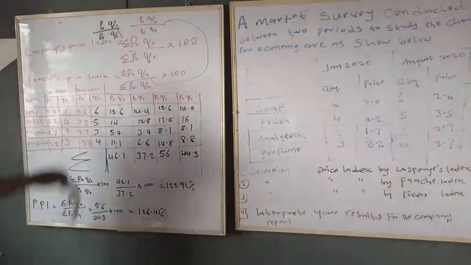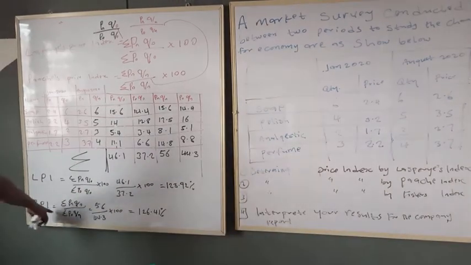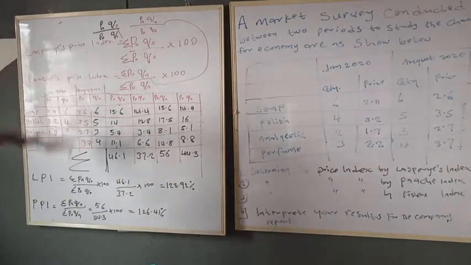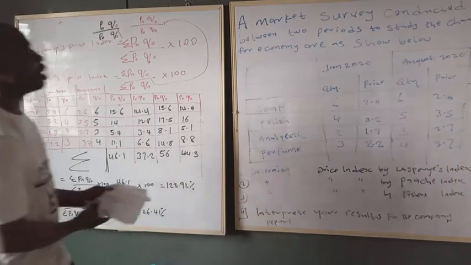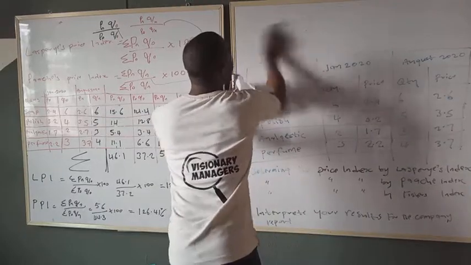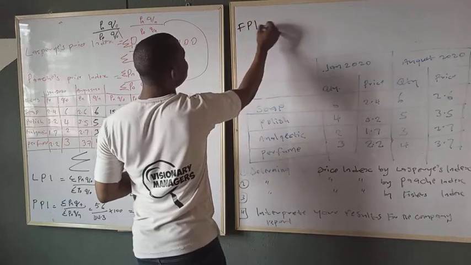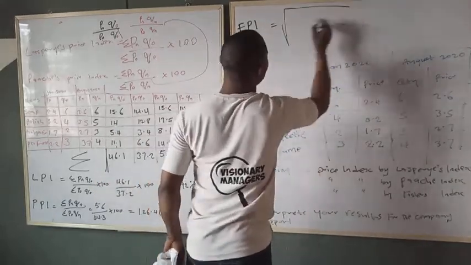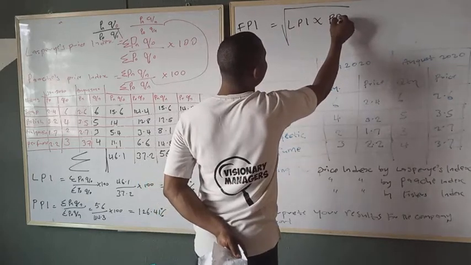So we have to answer the Fisher's price index. This is the Laspeyres price index, and this is the Paasche price index. And I said that the formula for Fisher's price index is the square root of the Laspeyres price index times the Paasche price index.